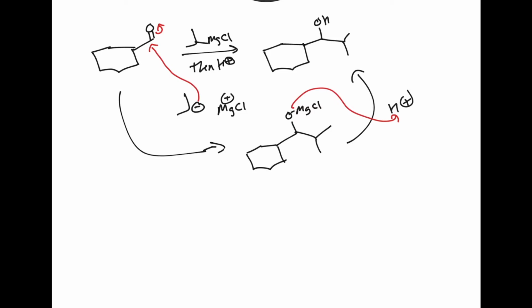Right. The other basic addition you guys already know is the addition of hydrides, doing reductions. That's the other thing that you already know that we went over for alcohols, right? So you have your ketone or aldehyde, NaBH4.